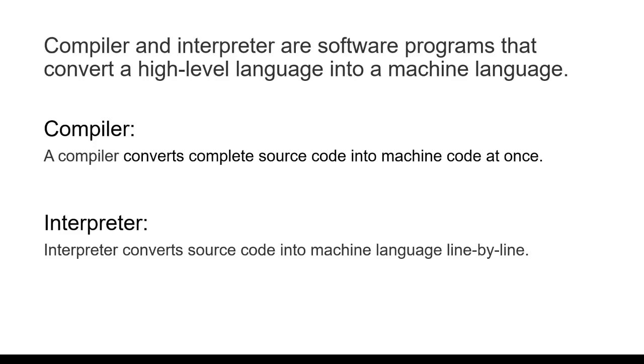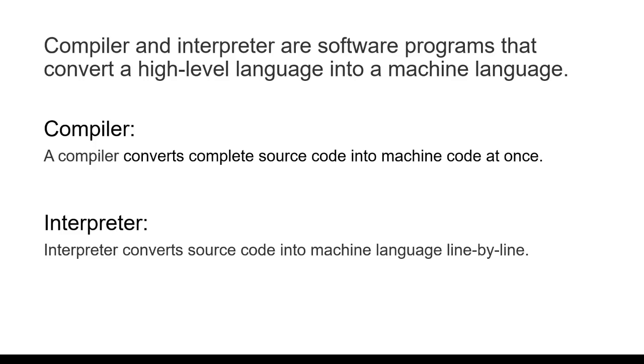But the interpreter, what is the interpreter? The interpreter is also a program that translates the source code into machine language. But here, the interpreter will not convert the whole source code into machine language at once, but it will convert line by line. It will consider the source code, interpret it line by line, and convert it into machine language.